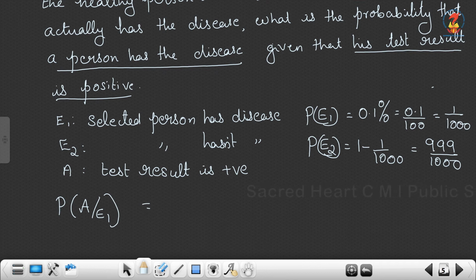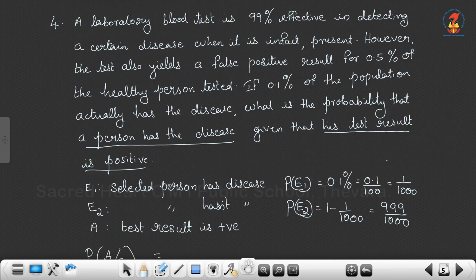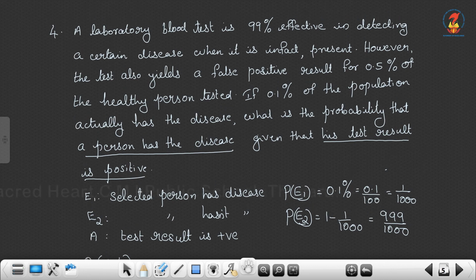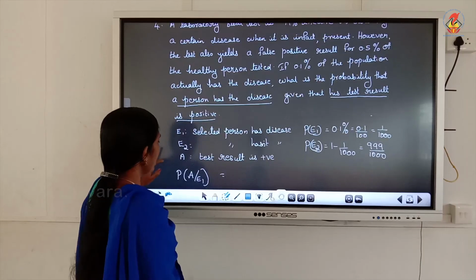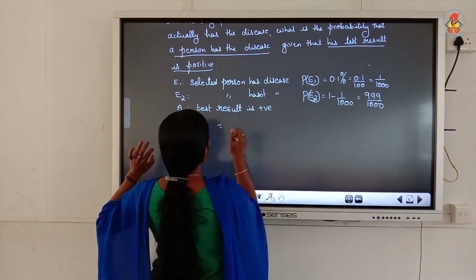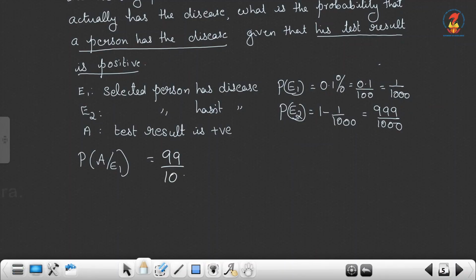A given E1 means selecting a person who has the disease, then we check his blood test. If a person has the disease, the blood test is positive in 99%. So P of A given E1 is 99 by 100.